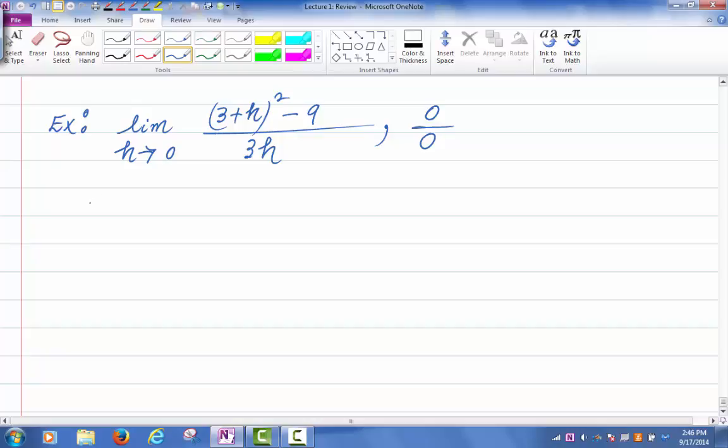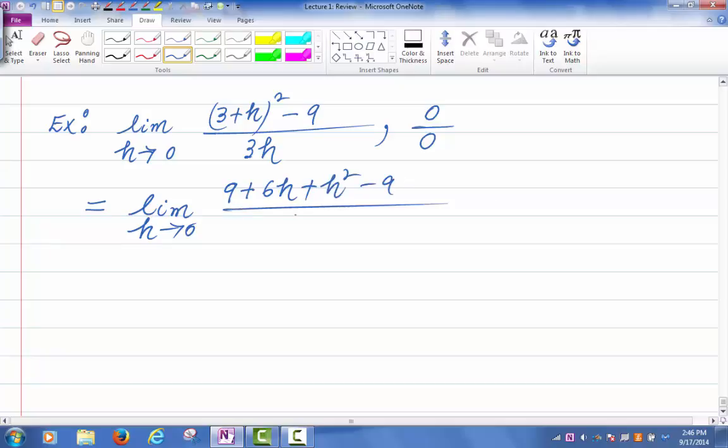Okay? So the limit as h goes to 0. If you FOIL (3 + h) squared, what is it? 3 squared is 9, plus 6h, plus h squared. Very good. Notice that the 9s cancel out, and then I have h goes to 0.